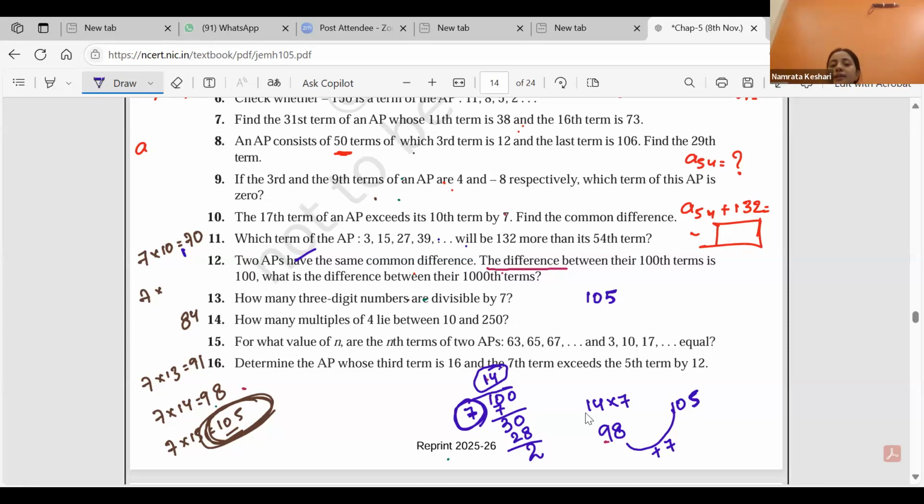So we got 98. The next number after 98 will be 98 plus 7, that is 105. Clear? Yes, ma'am.